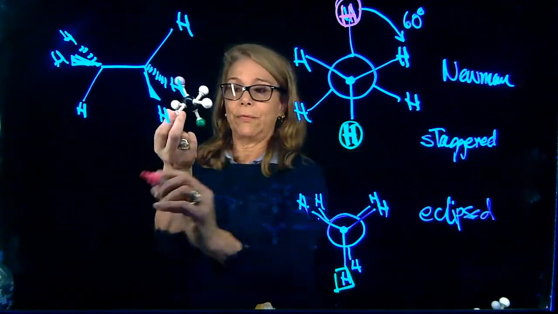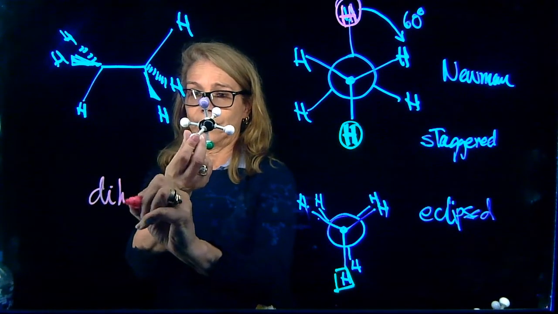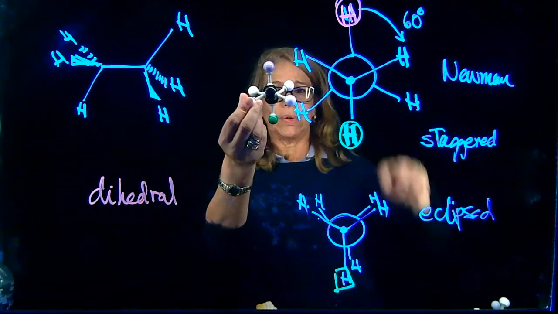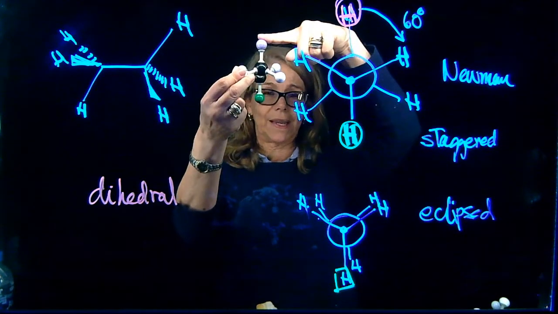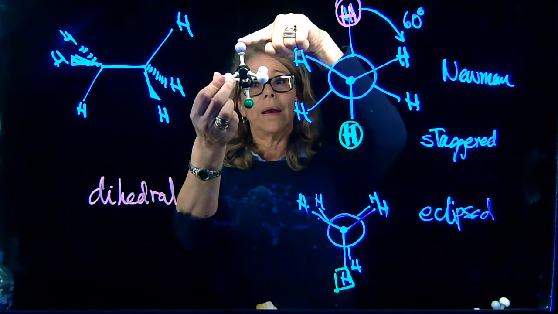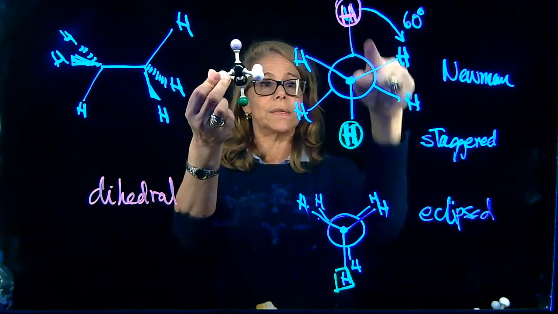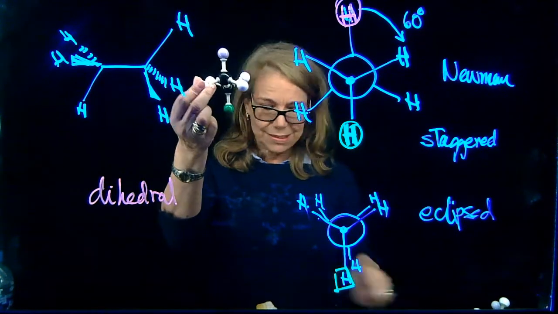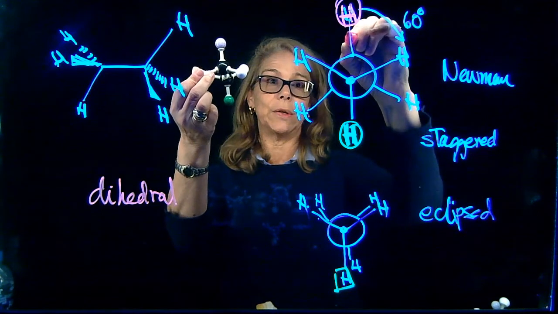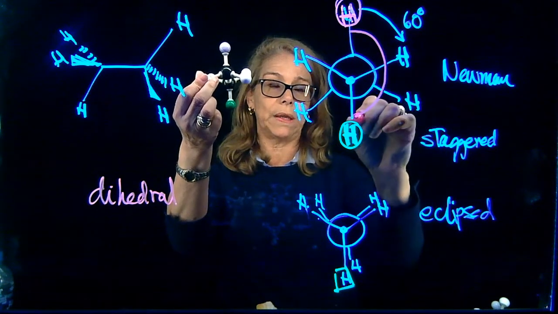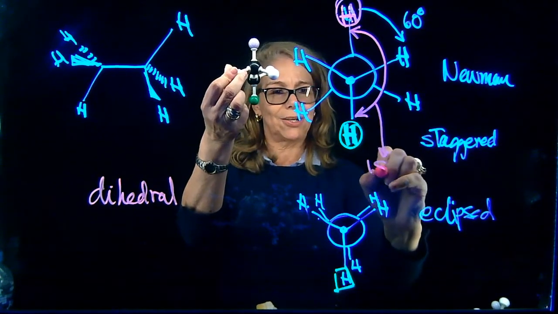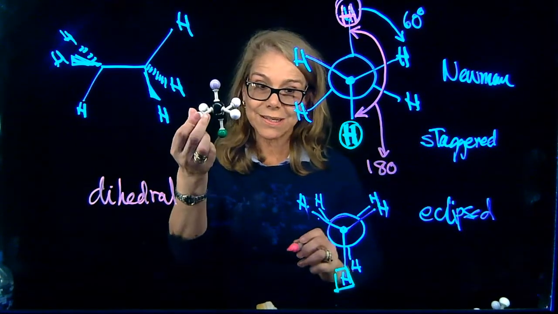We're going to define the dihedral angle as the angle between any two of them, but here, particularly, this one is at 180 degrees. If you see this line, this is 180 degrees. So the dihedral angle is the angle between one constituent in the front and one in the back, and right here that is 180. That's the dihedral, and that will be important.